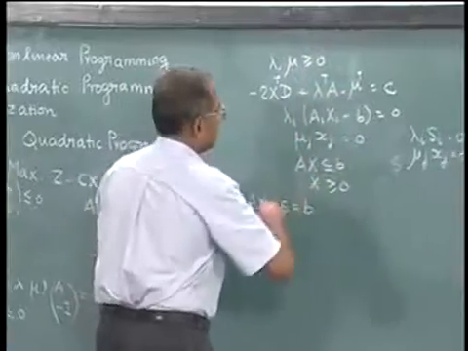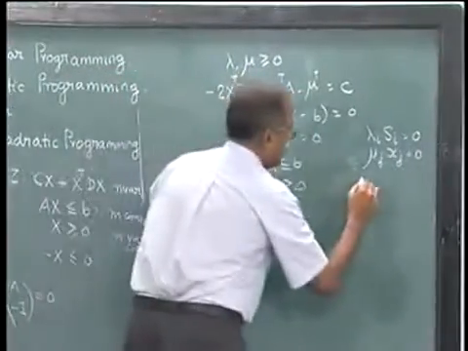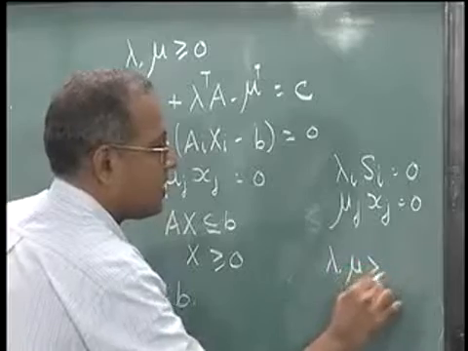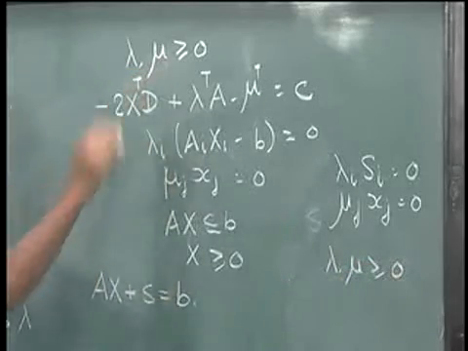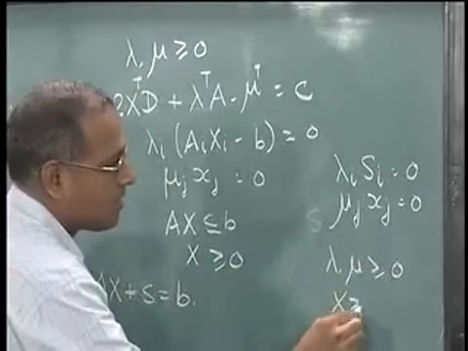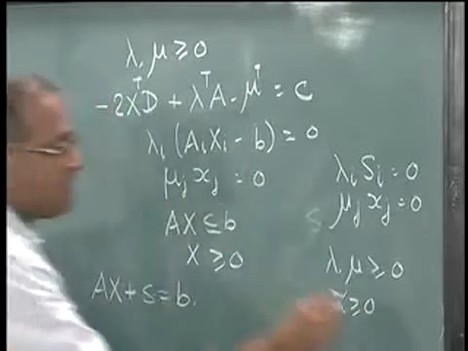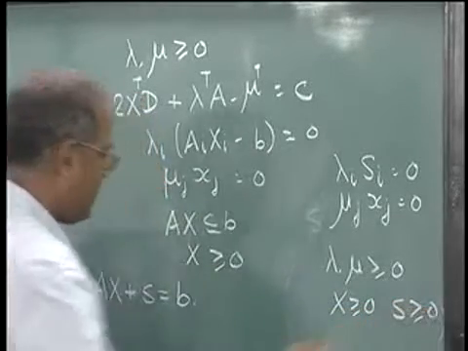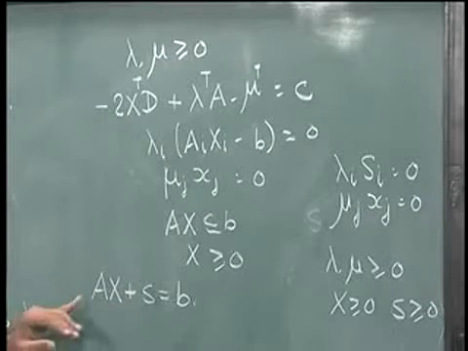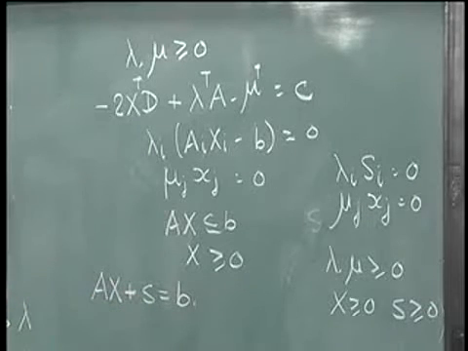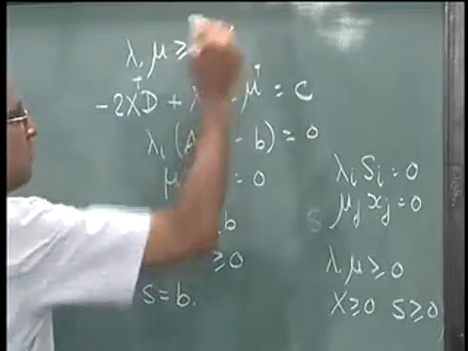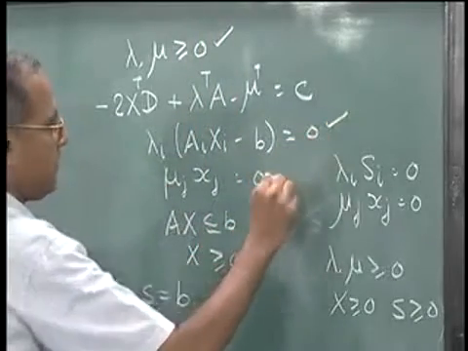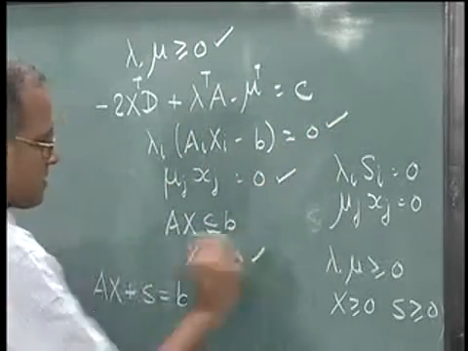So now the Kuntucker conditions will become, now lambda mu greater than or equal to 0 comes from here, x greater than or equal to 0 is already here, and s greater than or equal to 0 has happened because we have introduced this s such that ax plus s equal to b. So we have now used this, and this, and this.